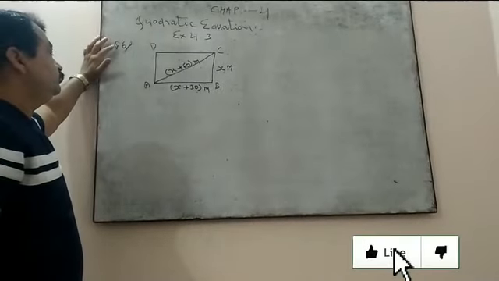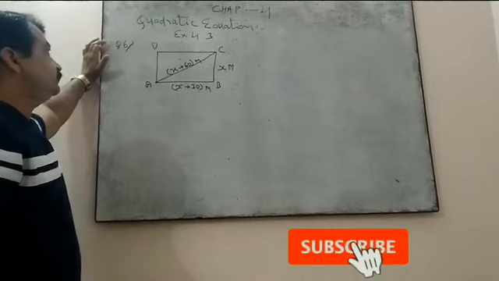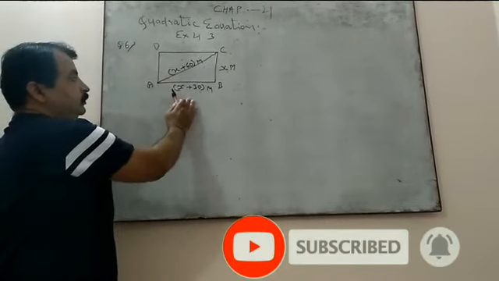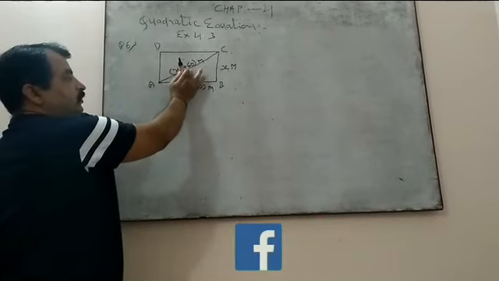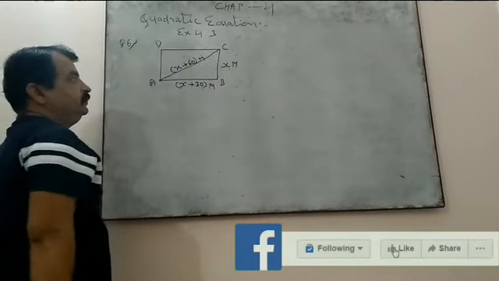Today we are going to discuss question number 6 of exercise 4.3. I drew the question. The question says that the diagonal of a rectangular field ABCD, I made the rectangular field.